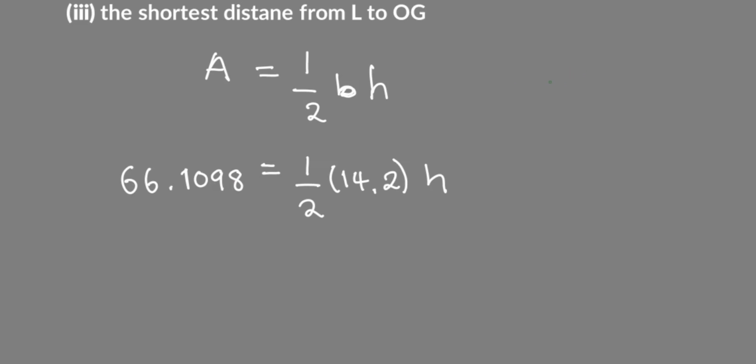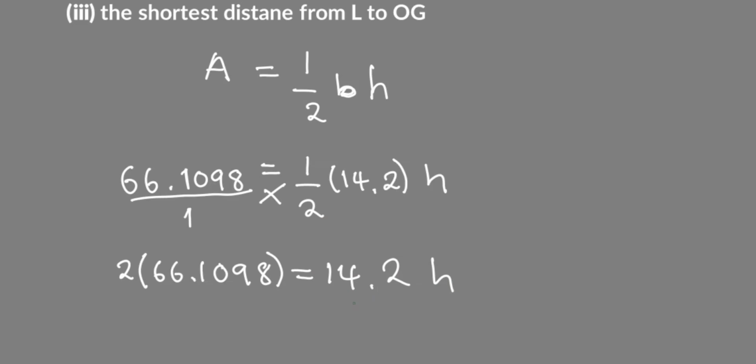This is a good way of working this question out. There's no problem. What you are just going to do here is put a 1 there. Cross multiply. The 2 is going to multiply with the 66. On this side, you can see we've got a 1 there and there's a 1, so we're just going to have 14.2h.